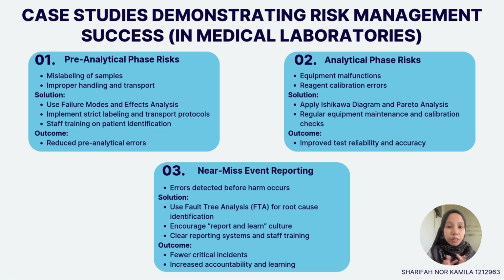This strategy builds a culture of accountability and learning, leading to fewer critical incidents and better patient safety. By focusing on pre-analytical risk, analytical processes, and near-miss events, they ensure accurate results, reliable performance, and ultimately the safety of patients.